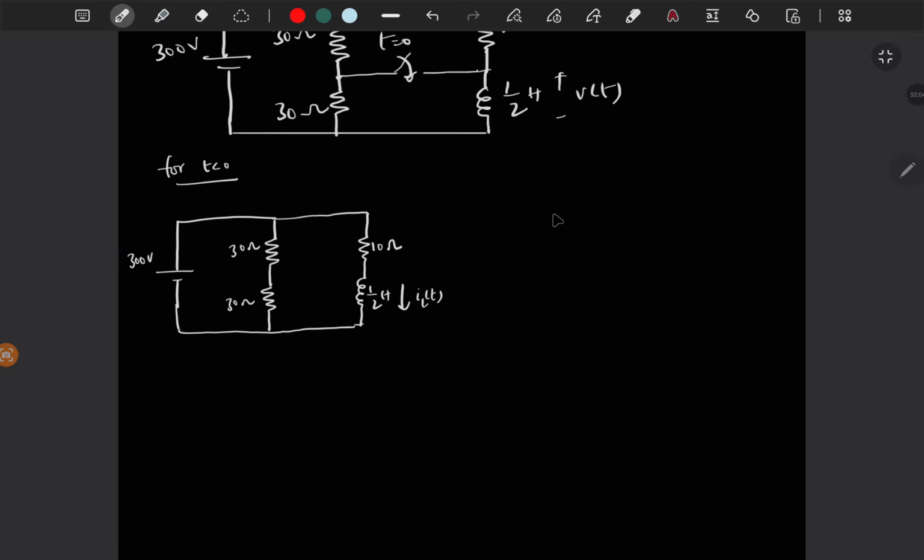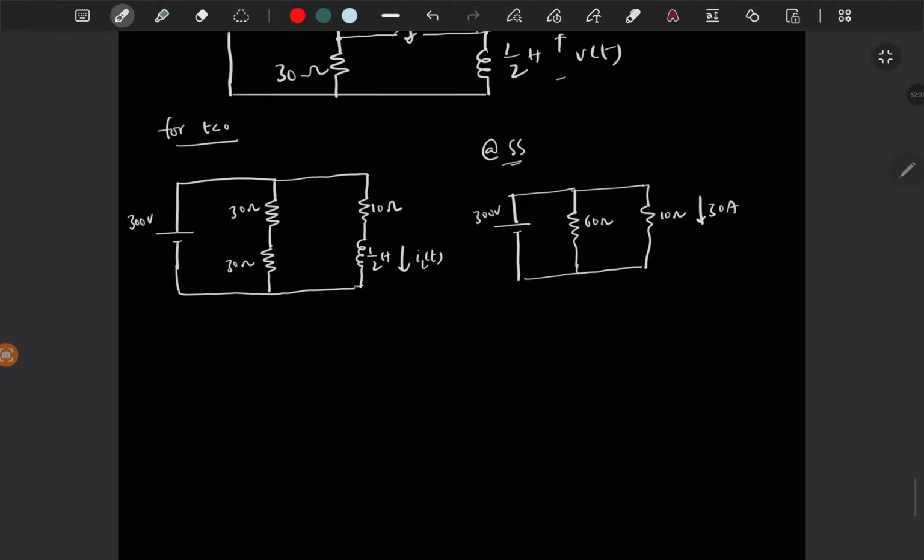So at steady state, 300 volts across 60 ohms, 10 ohms, right? So you will get 30 amps, 300 by 10. So this will be charged to 30 amps.